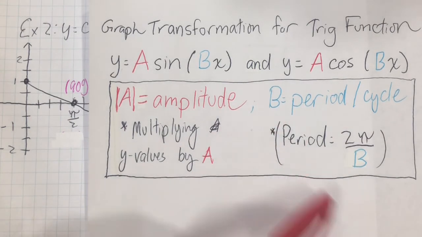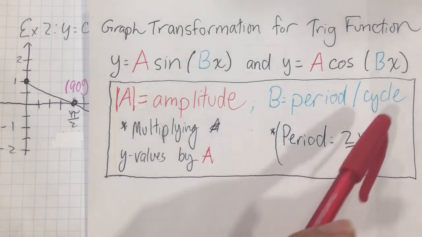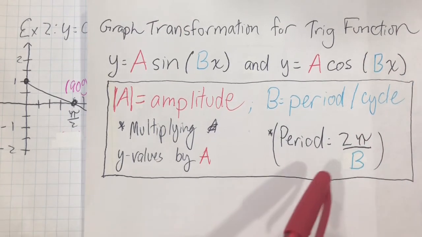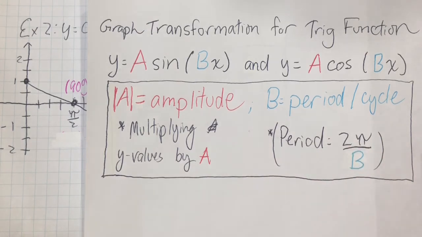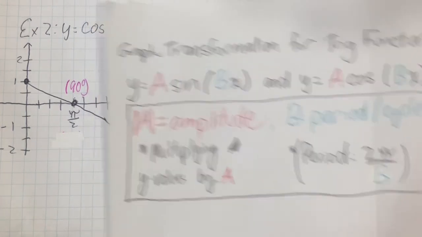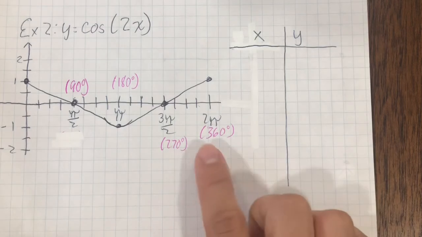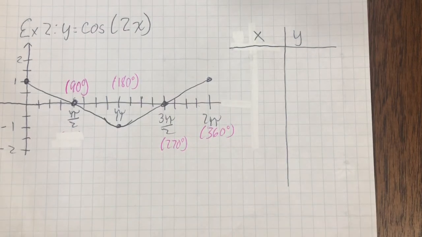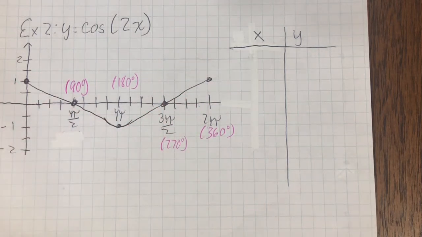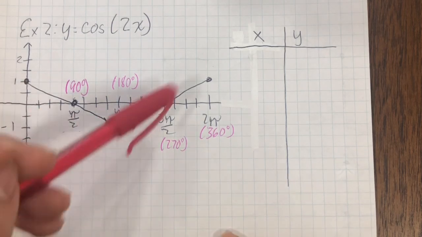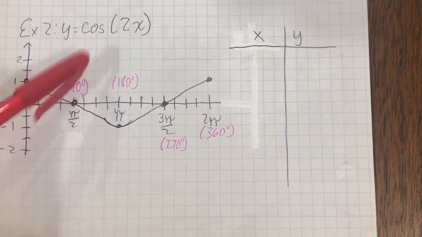Now, for every function, if we have a number in front of x, we can use this formula: period equals 2 pi divided by b. Now, 2 pi is also known as 360. And if you recall, this graph that I have over here is a graph for the parent function cosine of x. So now we're going to see how this original graph changes with the change of the period.